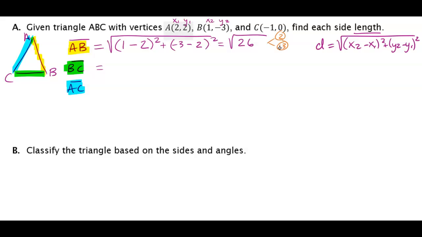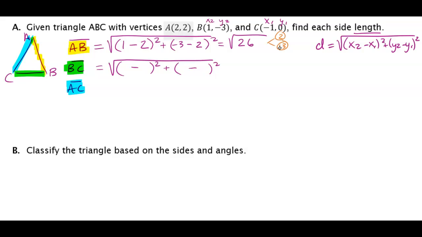Now we're going to do the same thing for BC. So I'm going to erase my x1, y1 and put it on point C. And then I'll leave x2, y2 on point B. So I'm doing the exact same thing, I'm just using different points now. So I'm setting up my formula. And now I'm going to plug in, oh sorry, this should be a 1.